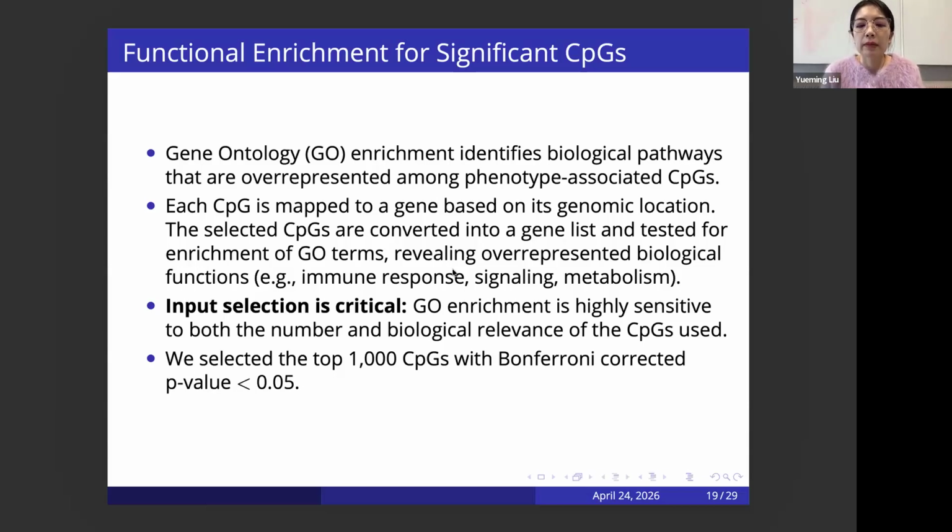But those kinds of enrichment are very sensitive to the input size, so we want to make the number of CpGs fixed across reference sets. And if we use only 500, the number is too small to identify any informative pathway. So therefore, we selected the top 1,000 CpGs as the input for GO enrichments for all the reference sets.